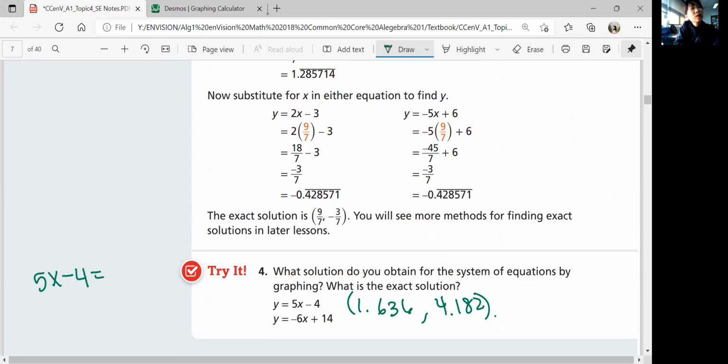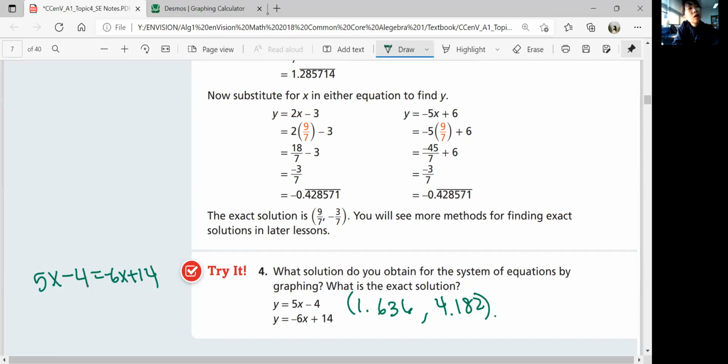5x minus 4 should equal negative 6x plus 14 when you have the exact same y, and x should represent the same number. So when we solve for this x, when we set them equal to each other, that is our x value of the point.